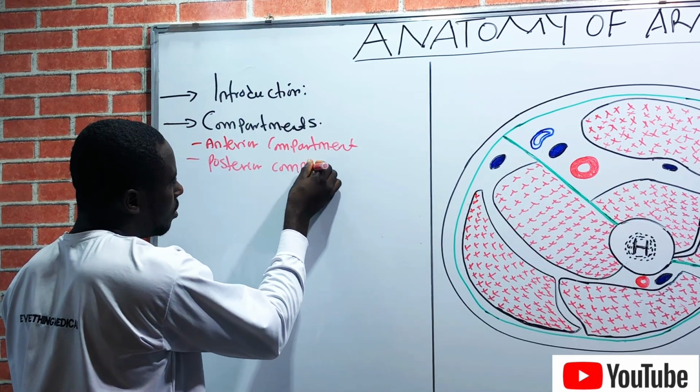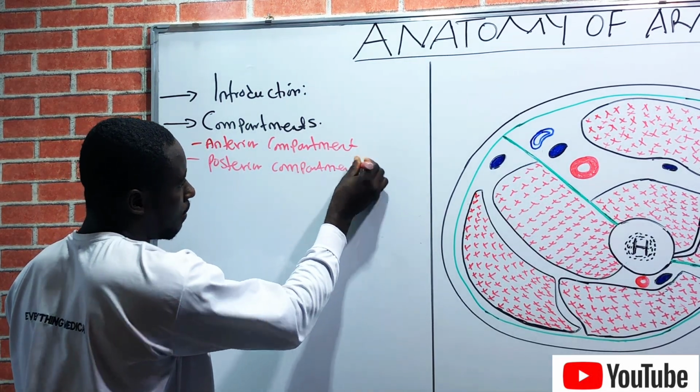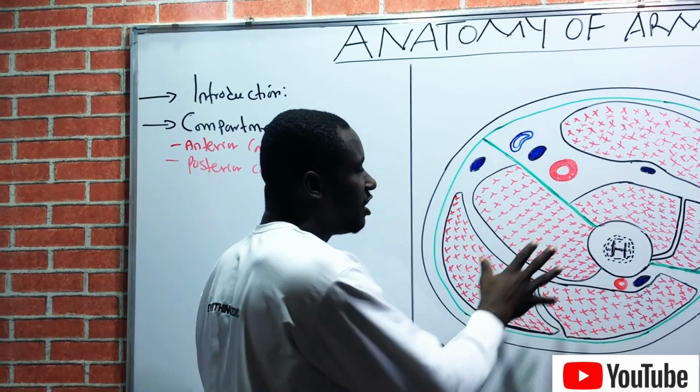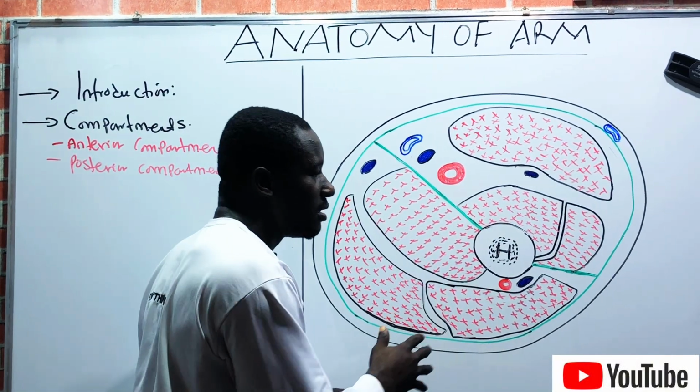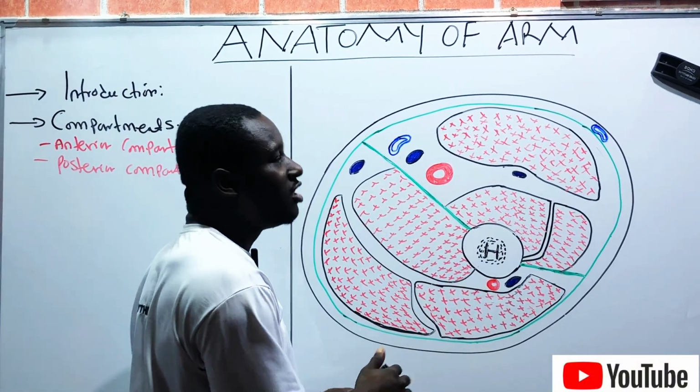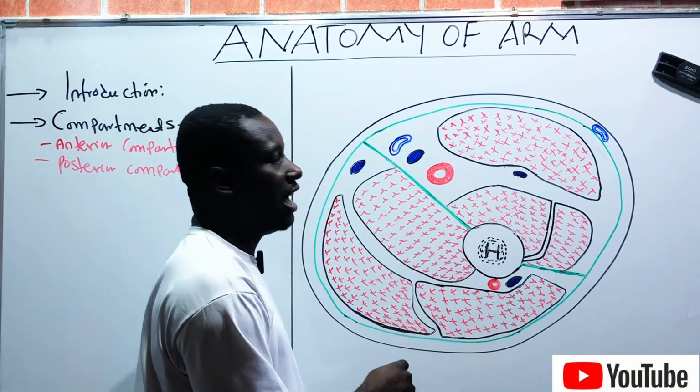This is the diagram that depicts the structures of the arm. This is the transverse section of the arm.